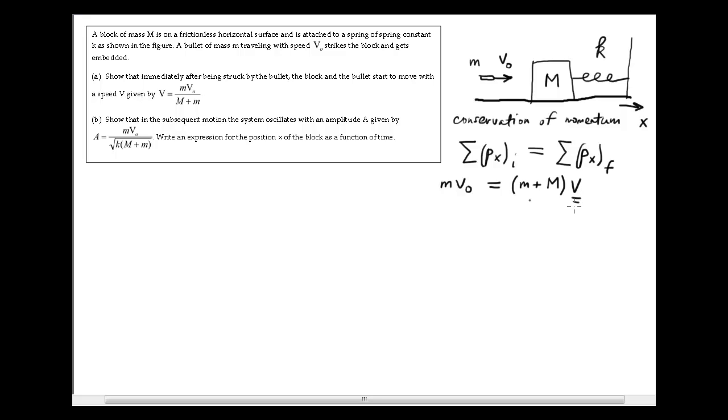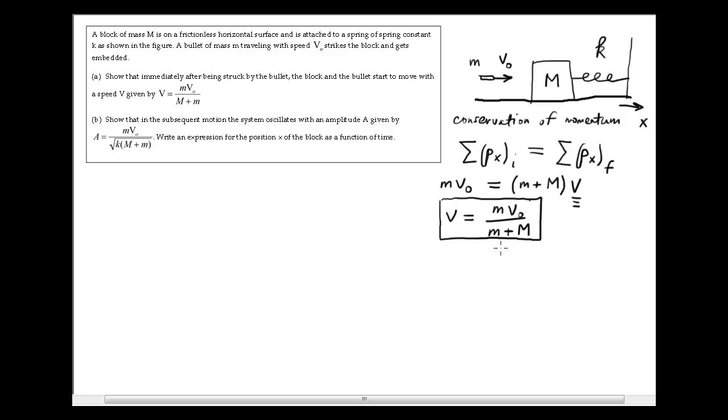So let's just solve for v, and we get that v, if we divide both sides by little m plus big M, we get m v0 divided by the sum, little m plus big M. In solving problems like this, be careful when you've got two different symbols for masses that you do your best to try to distinguish them. So little m and big M, I've tried to show that they're different from each other.